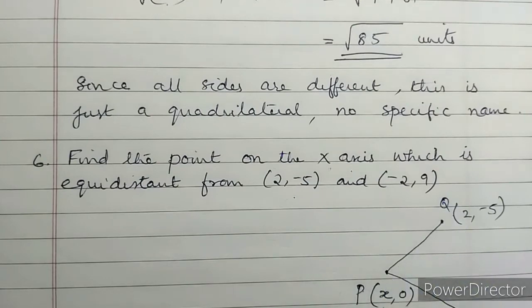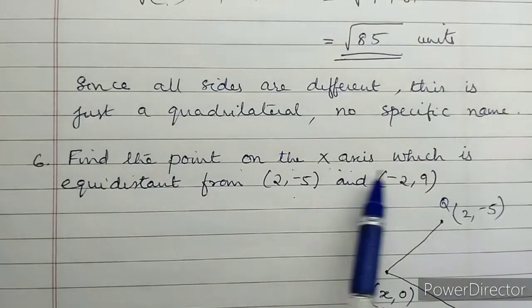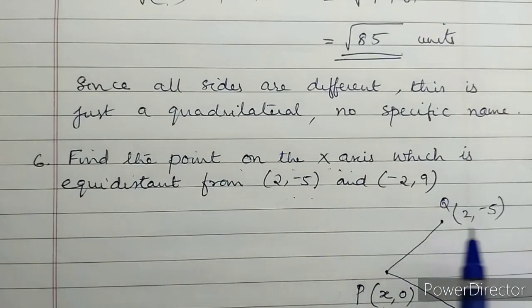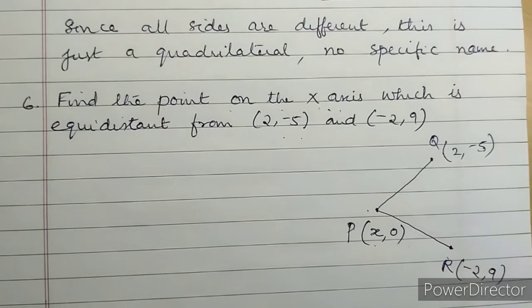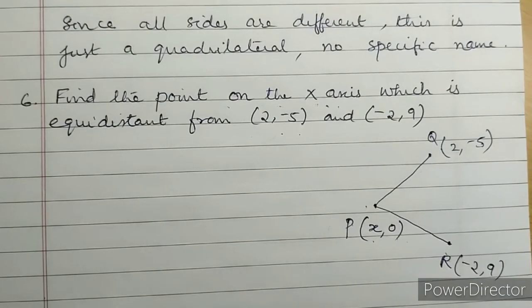Both of these lines are the same length, it is given. So this distance and this distance are equal, it is given. That is, PQ and PR lengths are equal.